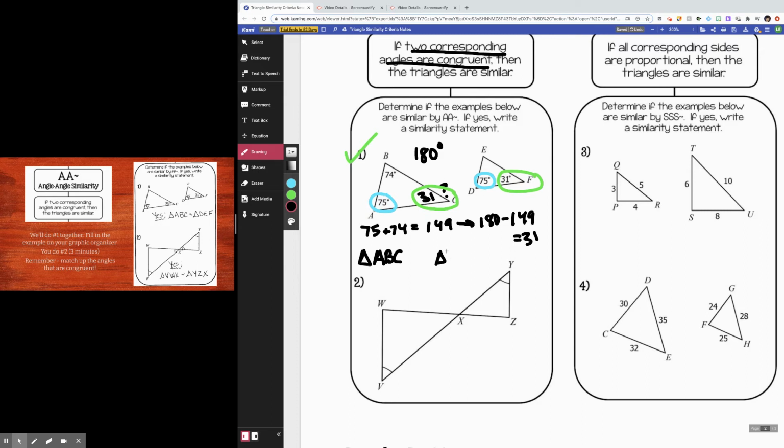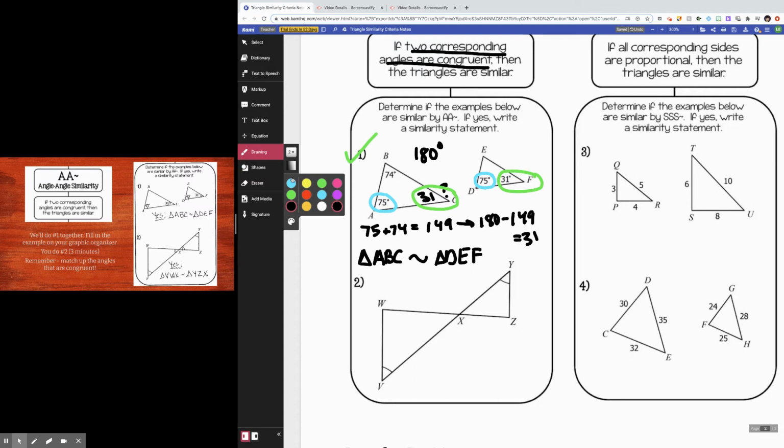So A went with D, B goes with E, so D, E, and then C goes with F. And then rather than putting a congruent symbol in the middle, you just put the squiggle, which is called a tilde, right? Because that indicates similarity right there, okay?